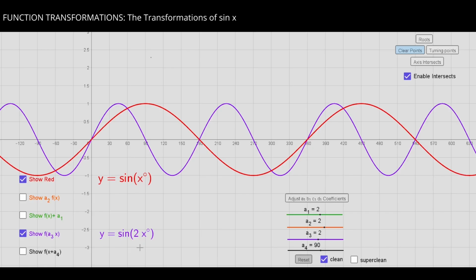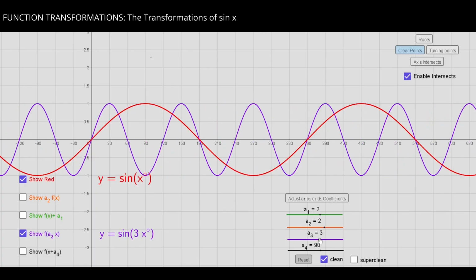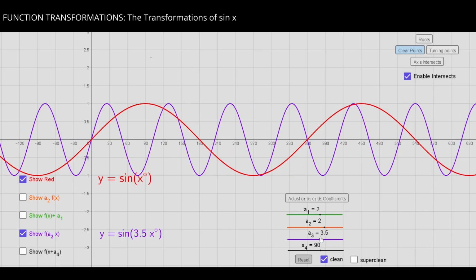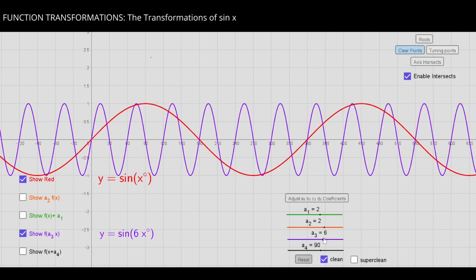I think when you first see that, you'd think that's a bit of an odd result. Here I am multiplying x by something. I'd expect the curve to stretch out along the x-axis. But in fact, it squishes in. I should show you what happens when I vary the 2. Going up to 3, going up higher and higher and higher.